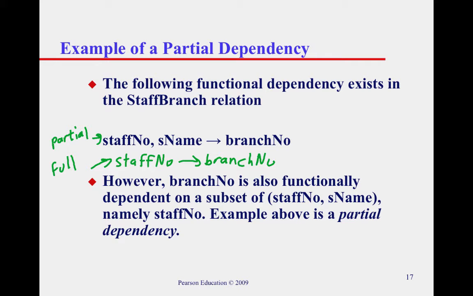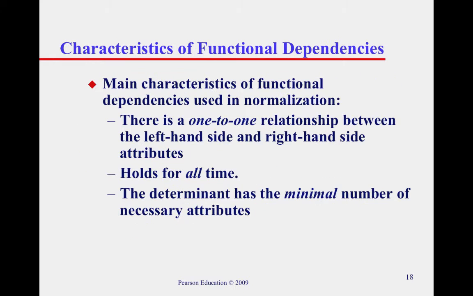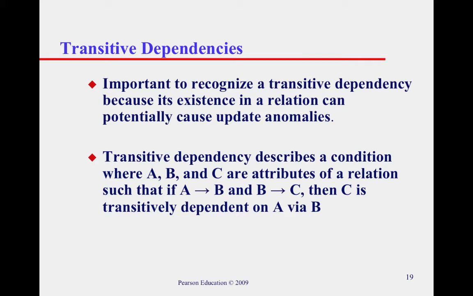Okay, so you just got to get used to that fact. So that's just summing it up. And this should be something you remember from CS 311, right? Functional dependencies are a one-to-one mapping from the left side to the right side. Holds for all time, and the determinant has the minimum number of necessary attributes.